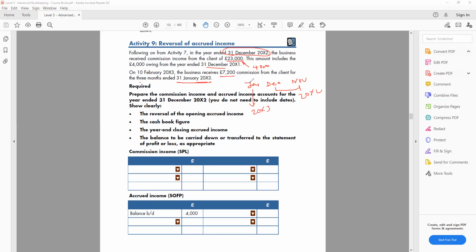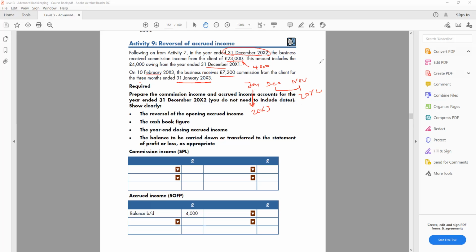Even though we received the money next year in February, those 2 months belong to 2002, because the 2002 year ending is 31st of December. So November and December I have to bring into 2002. I'll leave 1 month, that is January, which belongs to the next year, 2003.